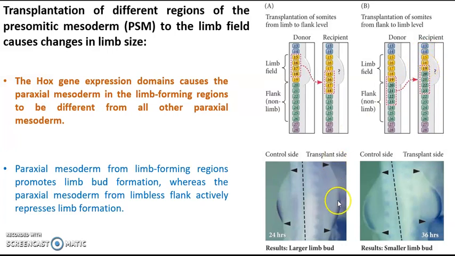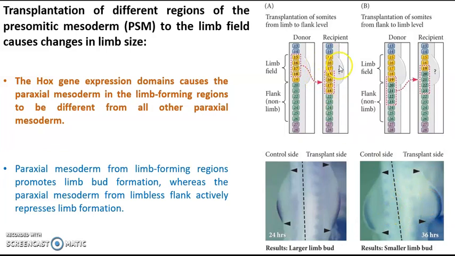The results obtained were compared to the control site, and we can see that in experiment A, the limb bud is larger than the control site, whereas in experiment B, the limb bud is smaller than the control site.